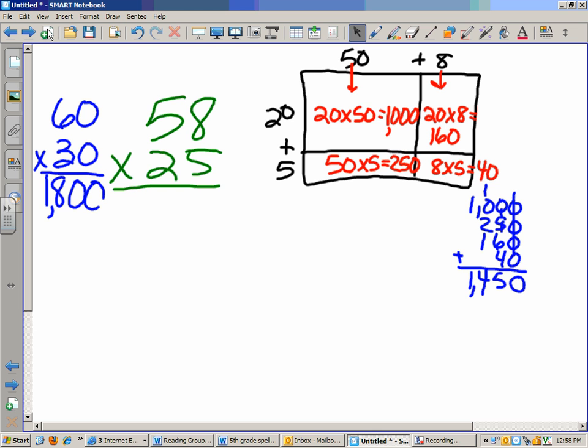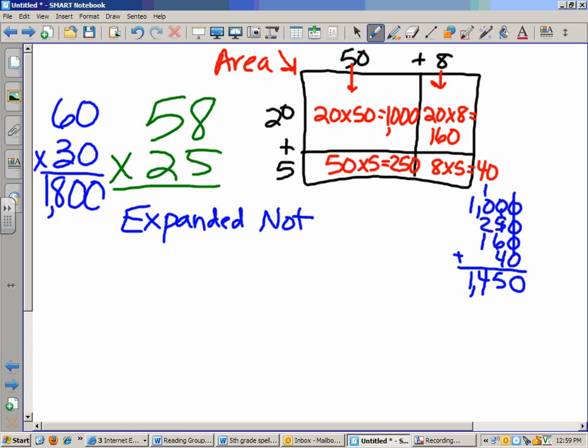Now, if you didn't want to do the rectangle method or the area method, so here's the area method of multiplication, you could simply do the work that we did up top by doing the expanded notation of multiplication. Expanded notation is also the same as partial products that you started to learn in 3rd grade.